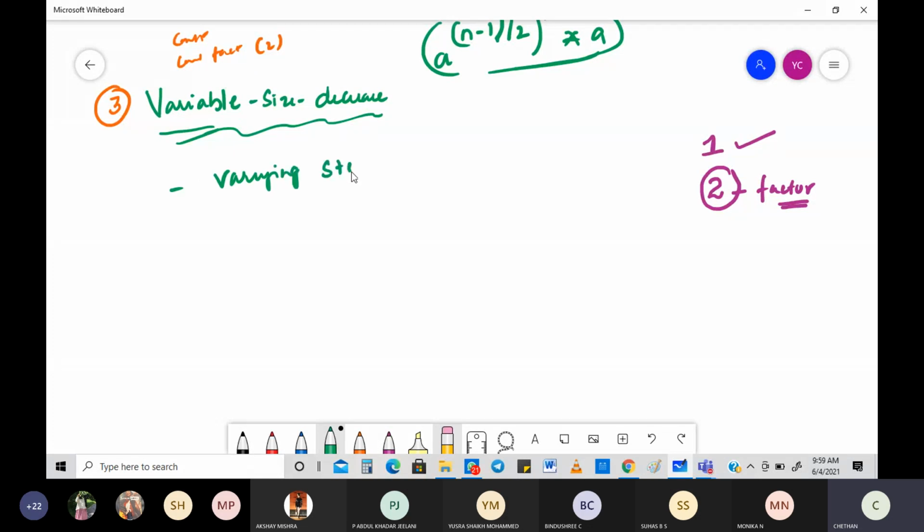What is the example for it? How are you going to decrease and figure out a value by varying every time? A classic example that people always give with regard to this is the GCD of two numbers. Probably you must know GCD of two numbers. Way back in your second sem you would have learned the example for GCD.